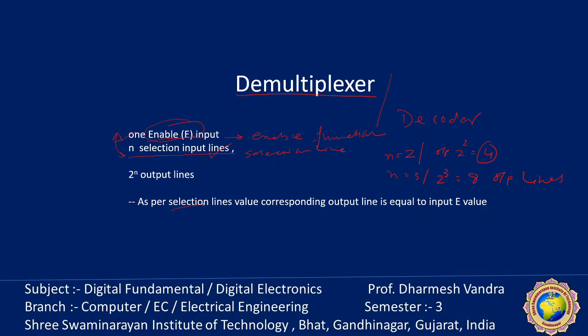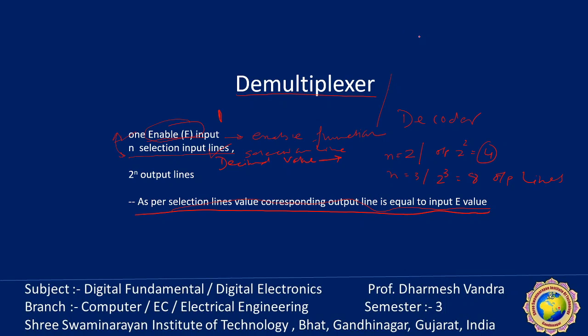As per the selection line value, the corresponding output line is equal to the input line. In one sentence, we can say that as per the selection line value, the corresponding line is equal to the input E. If E equal to 1, then the line whose decimal value matches the binary selection value is equal to 1.